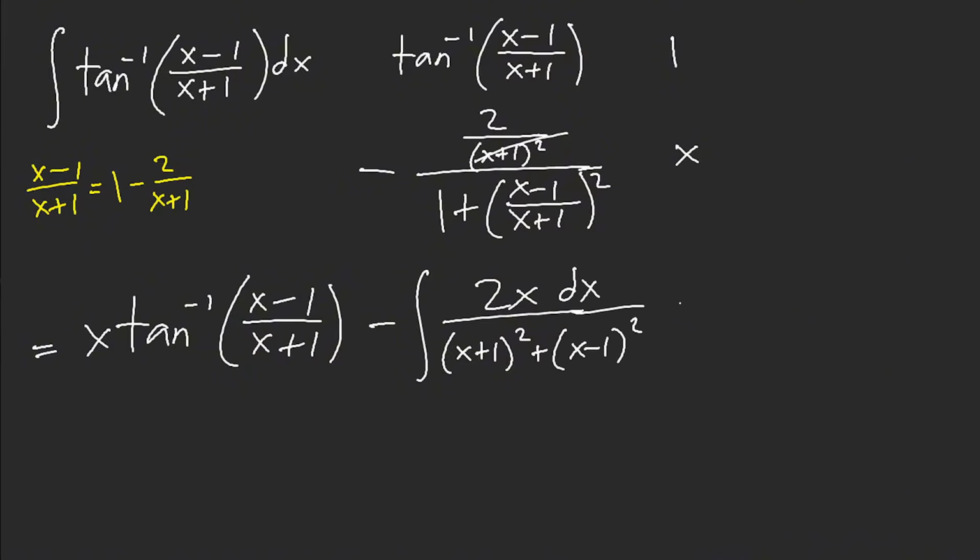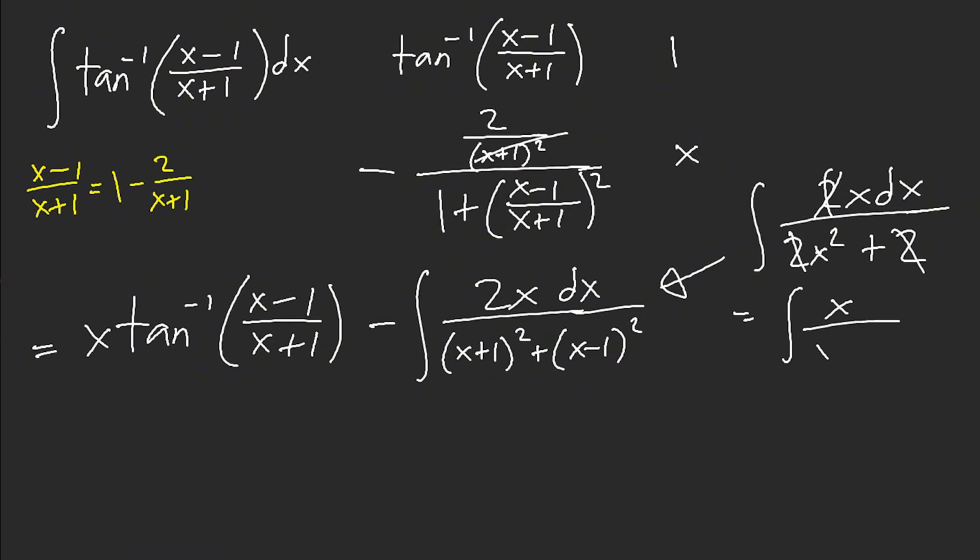Right. And this part here can be simplified to what? 2x squared, plus 2x minus 2x, so that's going to cancel out. Plus 1, plus 1. Hey, look at this. The 2 cancels out. So this is just this.